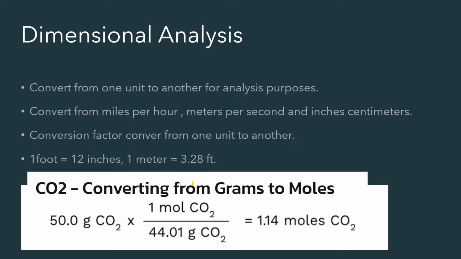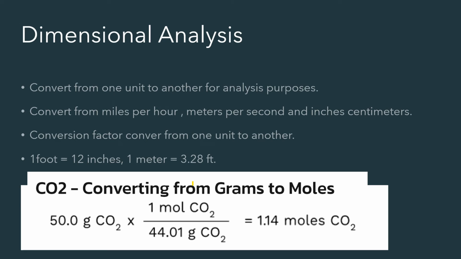Next, we'll go for dimensional analysis. Converting from one unit to another for analysis purposes, for example, converting miles per hour. In the US, we have miles per hour, but in India, the metric system of measurement is meters, kilometers, and hours, seconds, minutes.